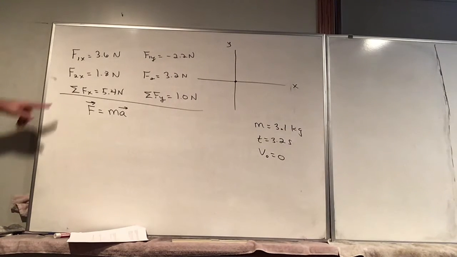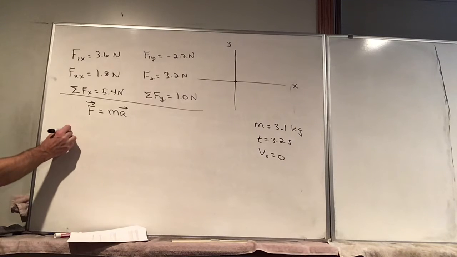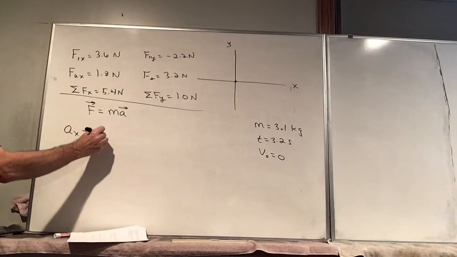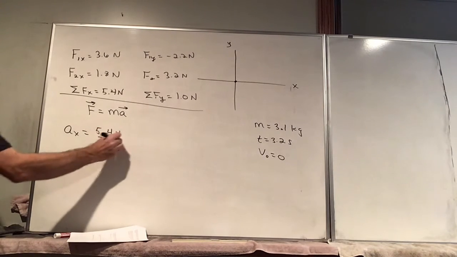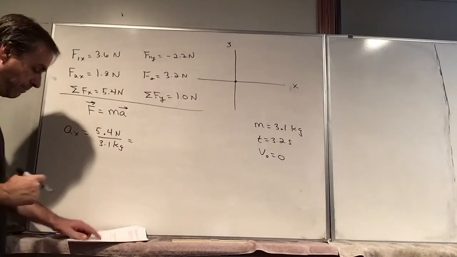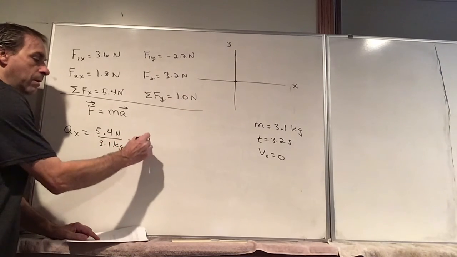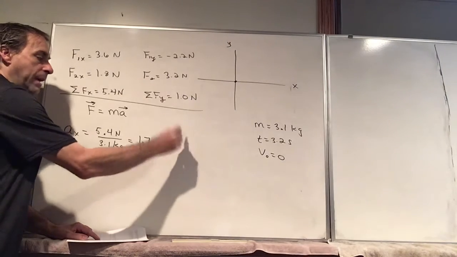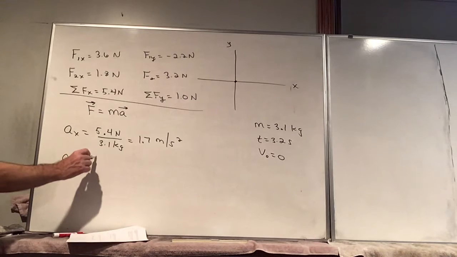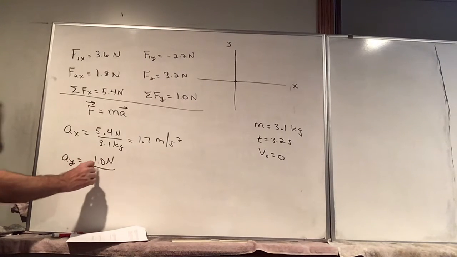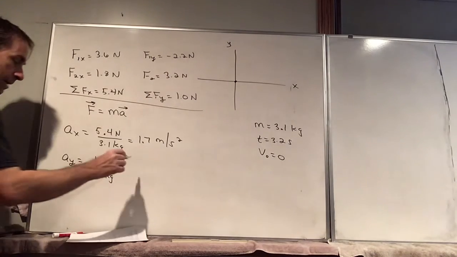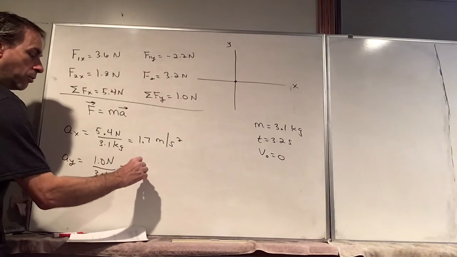So from this equation, the acceleration in the x direction would be the net force in the x direction divided by the mass. I'm getting 1.7 meters per second squared. And the acceleration in the y direction, we have 1 newton divided by 3.1 kilograms. That'd be about 0.32.